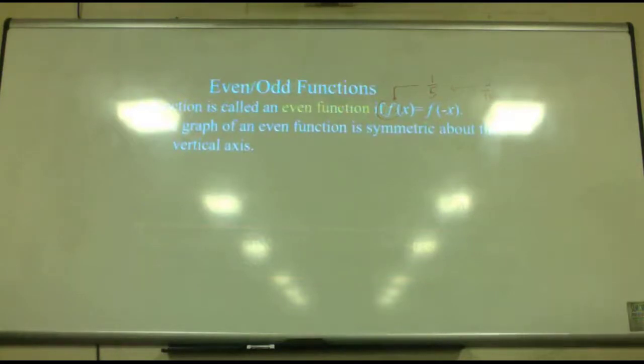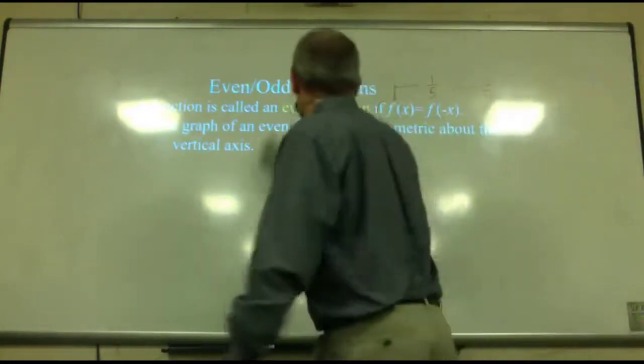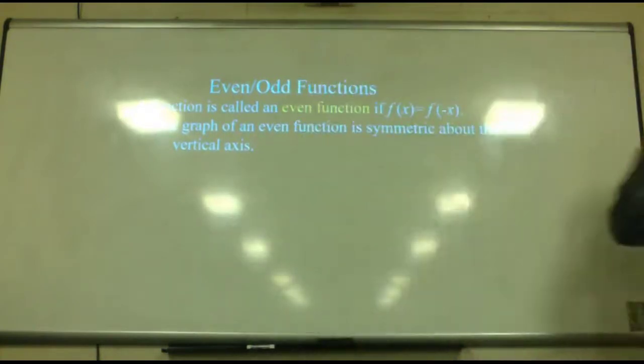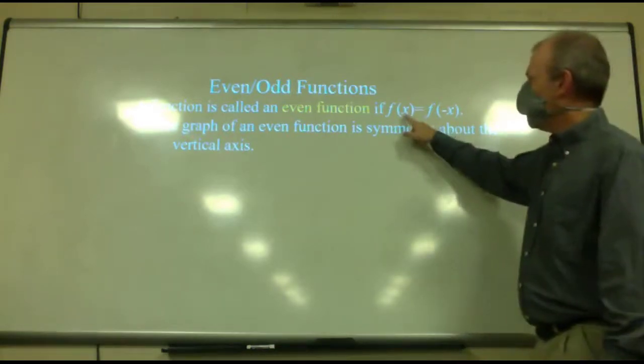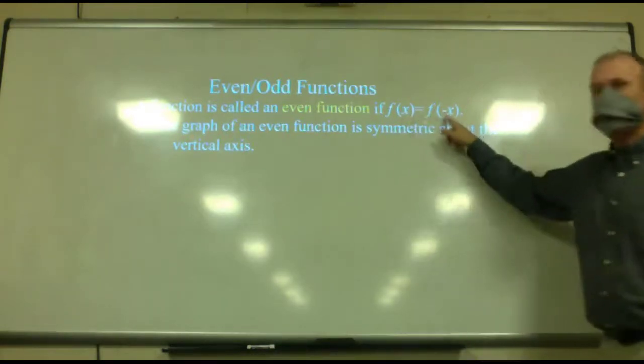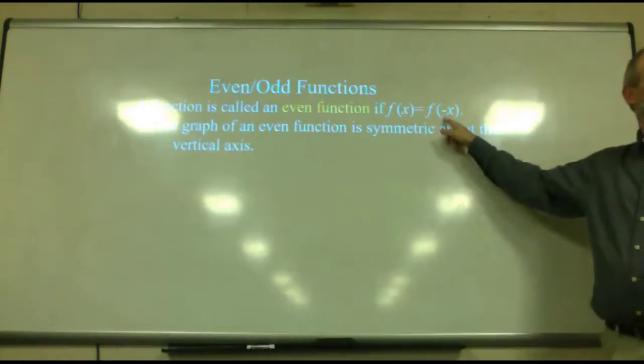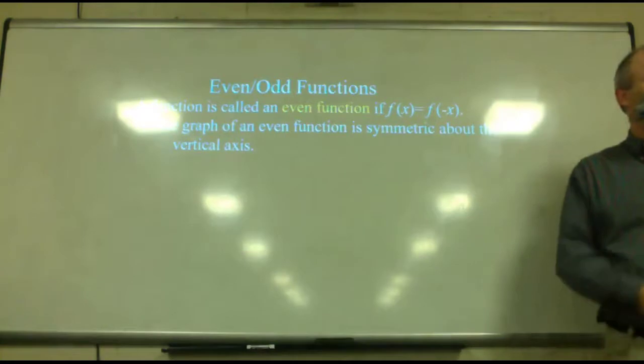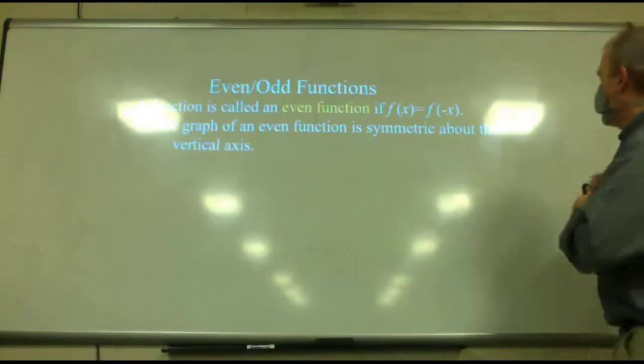Okay. The last topic for this section is what we call even and odd functions. A function is called even if it has this property. And the property is if you replace the x with its opposite, the values are still equal. The values are the same. You haven't changed anything. A quick example of an even function.